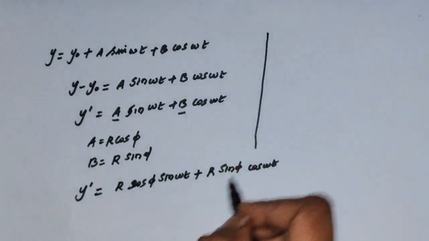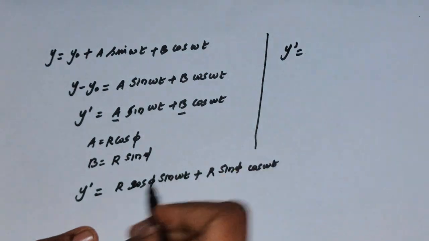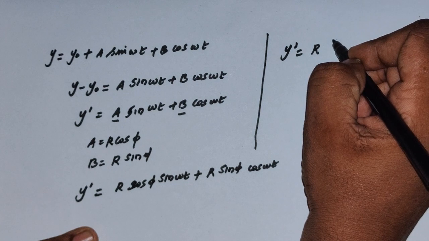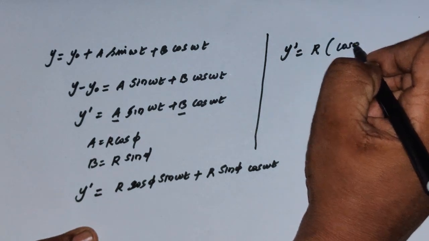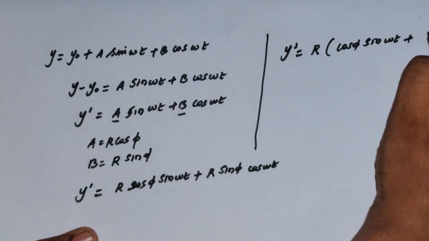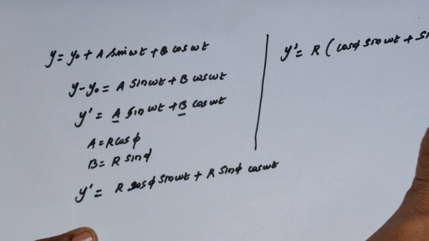So the new y prime is equal to, taking r common, r times cos phi sin omega t plus sin phi cos omega t.